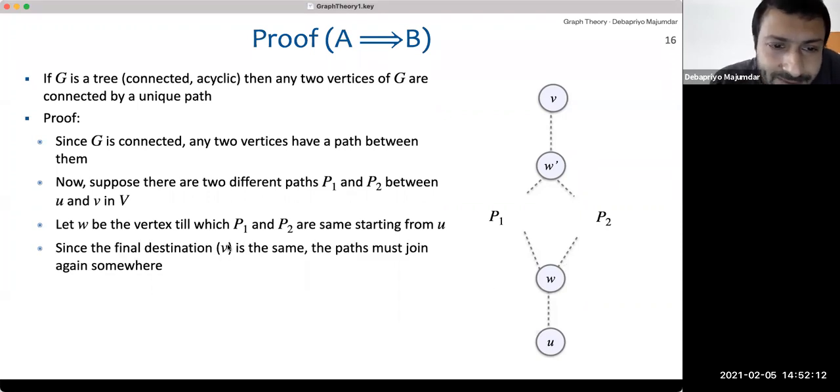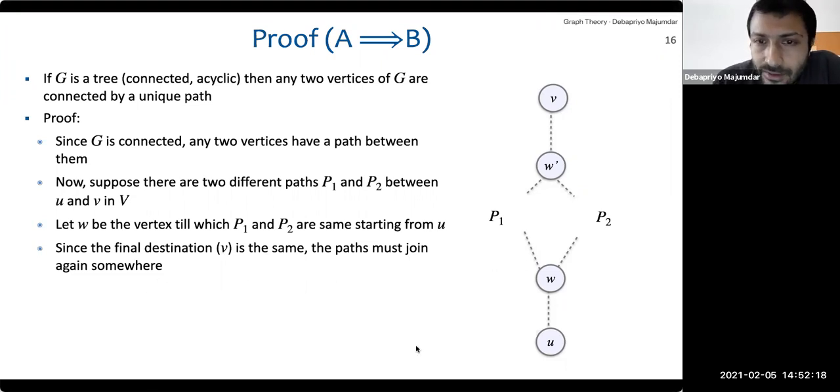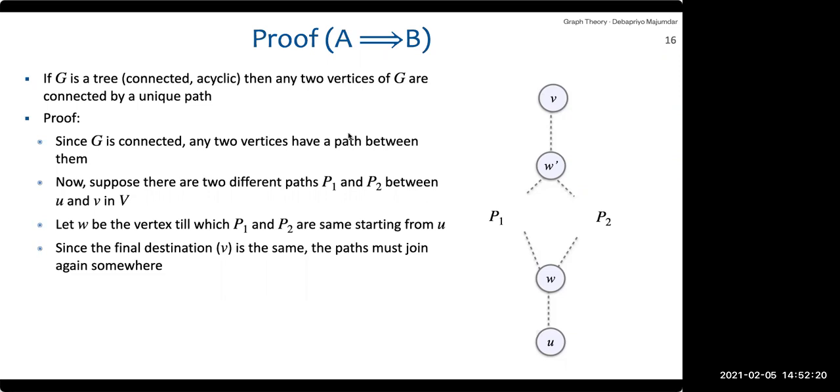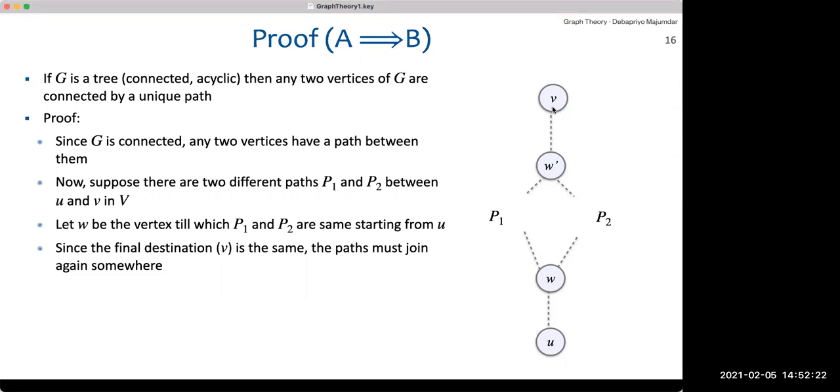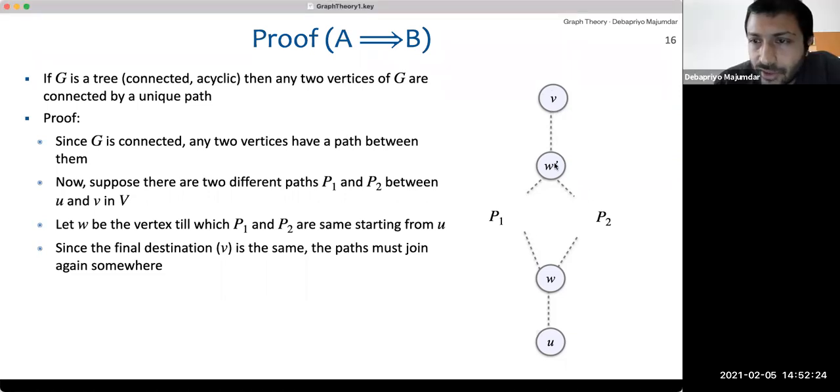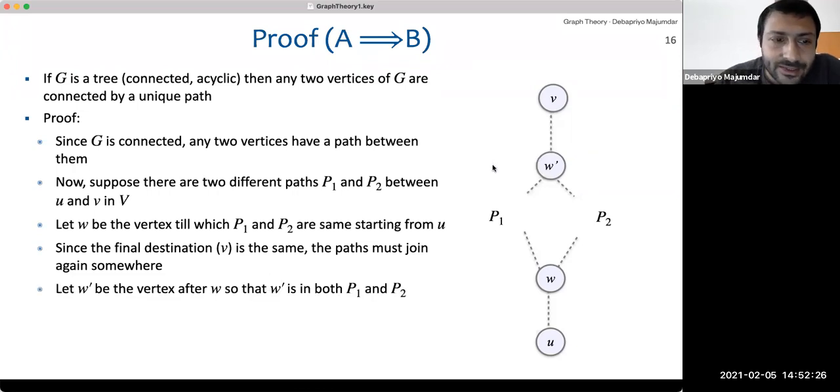Since the final destination V is the same, the paths must join again somewhere, right? Now, it does not mean that they will join only once and then stay together forever.